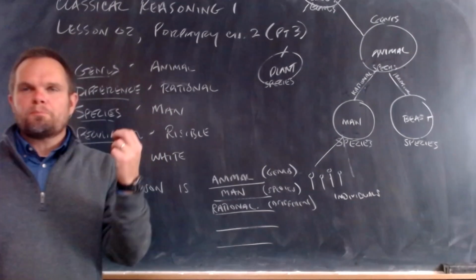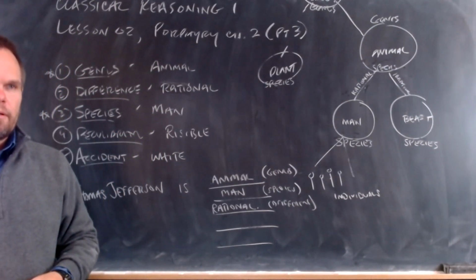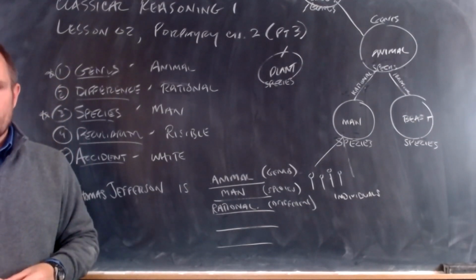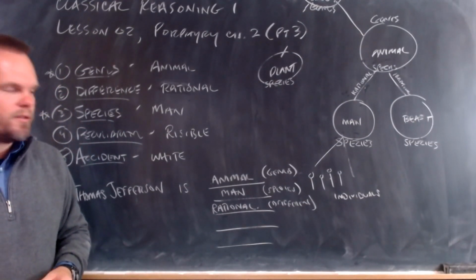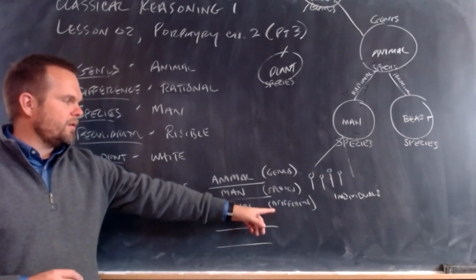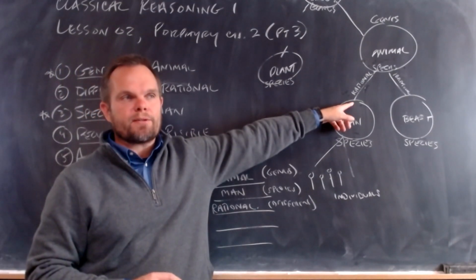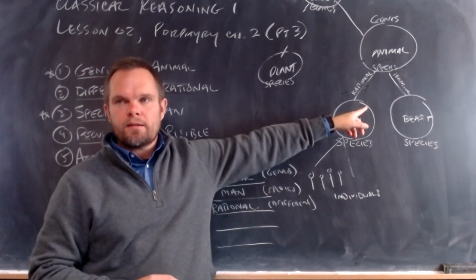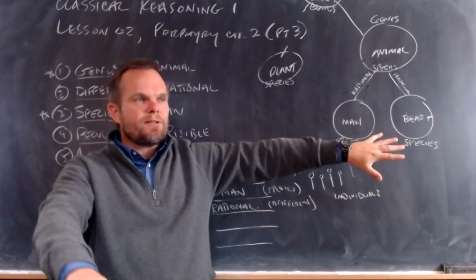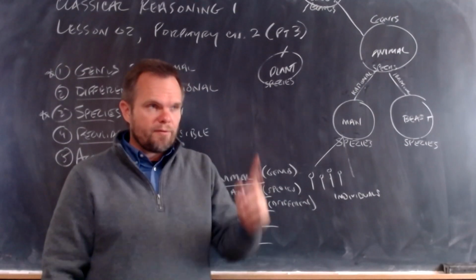Rational is a special characteristic, and there's only one that actually separates the members of a genus into species. Rational is the difference of man. So I want you to understand what difference means. A difference is the quality that divides a genus into its species. And there's only one difference.